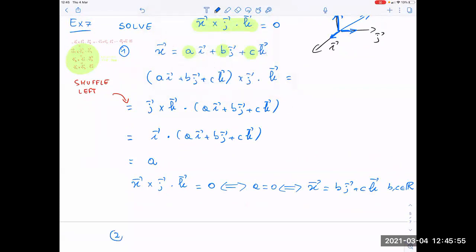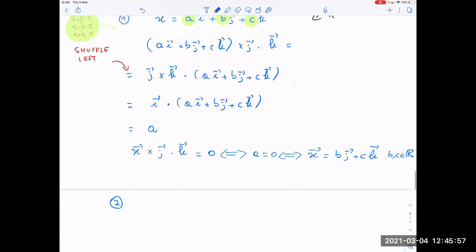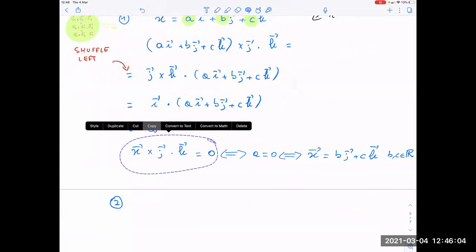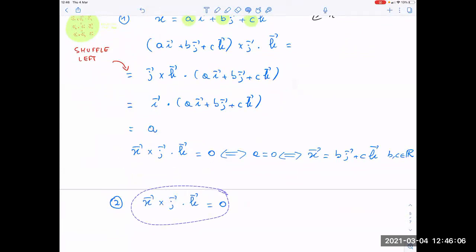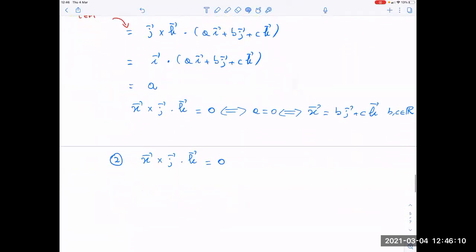So another way of doing this could be to say, well, look at the equation. So let's look at the equation. Here it is. And just rewrite the left-hand side using shuffling again.